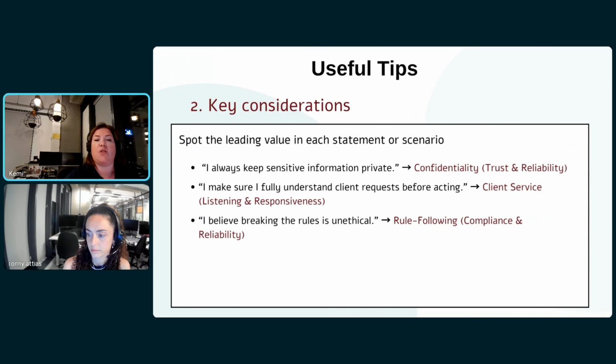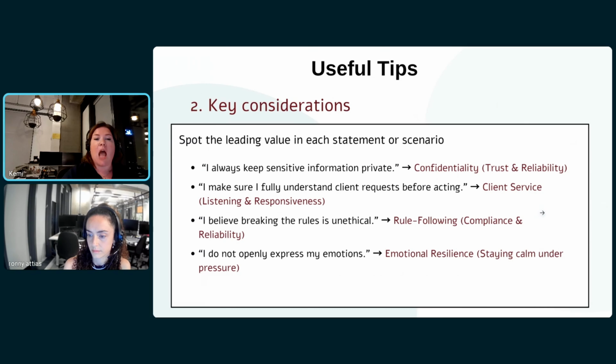"I believe breaking the rules is unethical." Breaking the rules is unethical. There is your key to rule following, another very important aspect in banking. "I do not openly express my emotions," going back to that, the scale of handling stressful situations, being tough-skinned, staying calm under pressure.